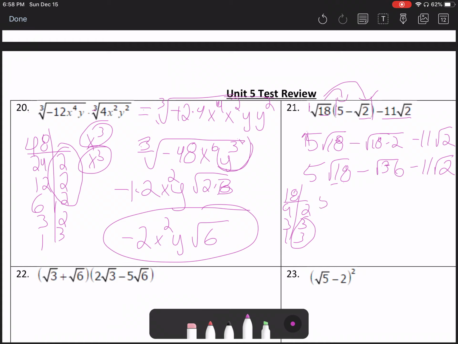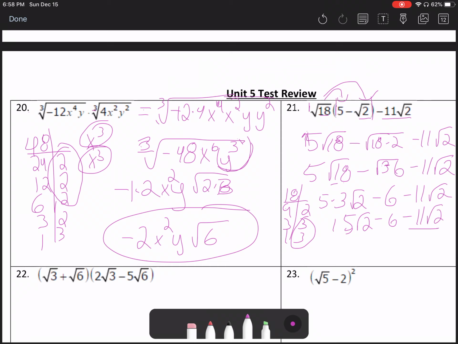So I know I can take a 3 out, so this is going to be 5 times 3. What's left inside is a 2. The square root of 36, I know, is 6, minus 11 radical 2. I multiply the 5 and the 3, that's 15 radical 2 minus 6 minus 11 radical 2.